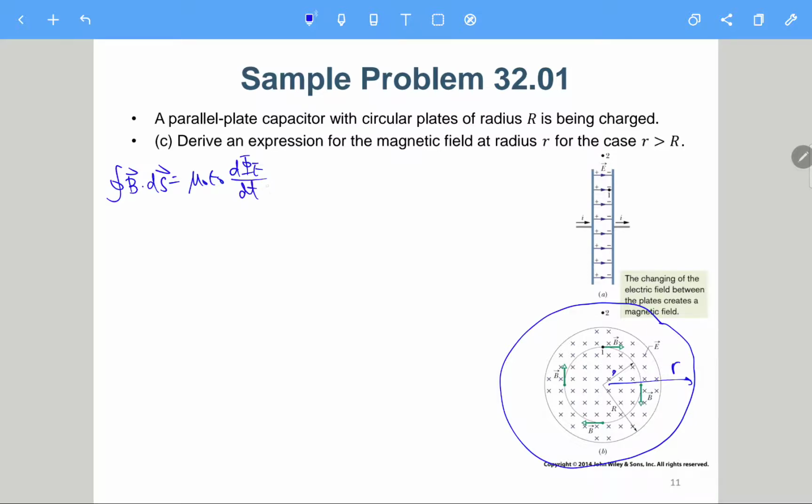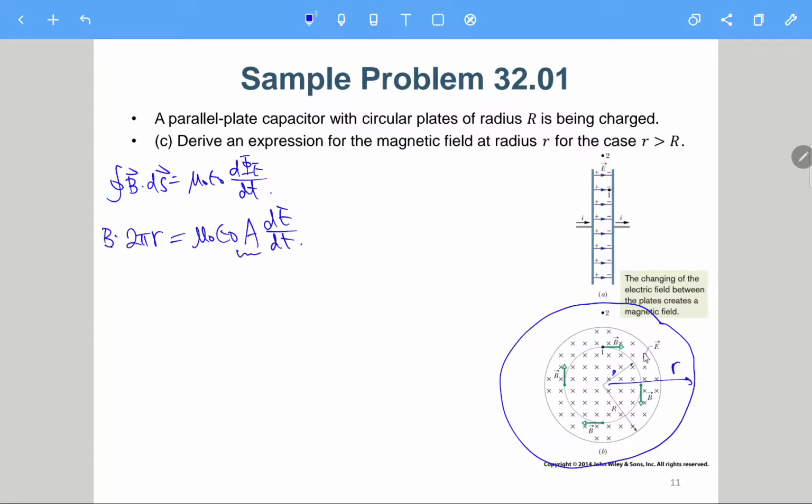On the left hand side we still have B times 2 pi small r. It should be the same. For the right hand side, we still have mu naught epsilon naught A dE dt. Up to this step, it should be the same as the previous case. But here, the A is different from the previous one.